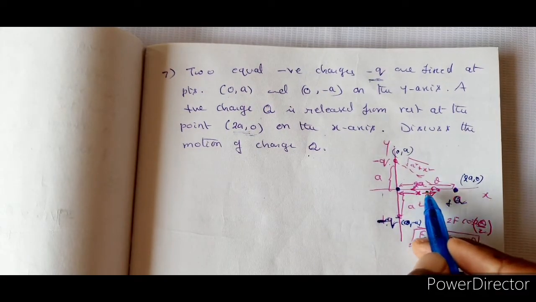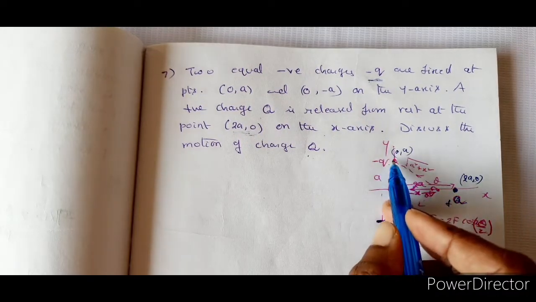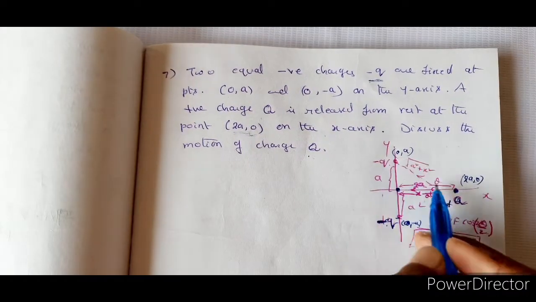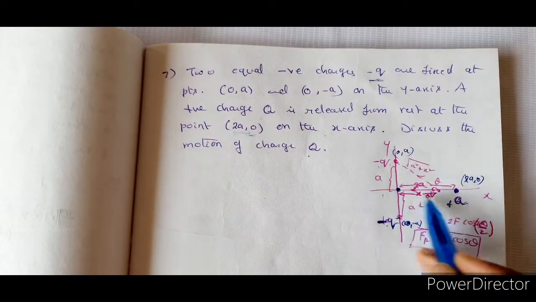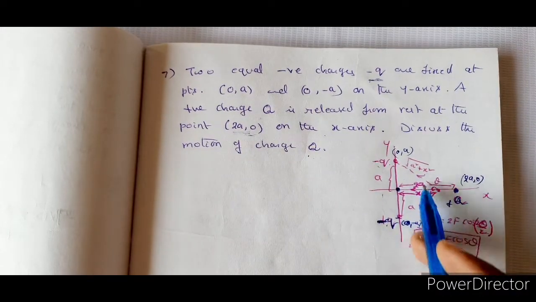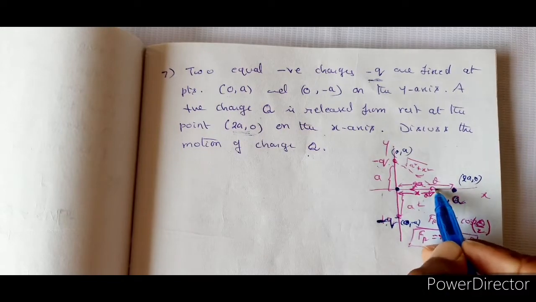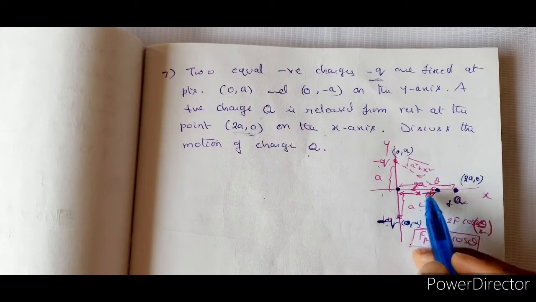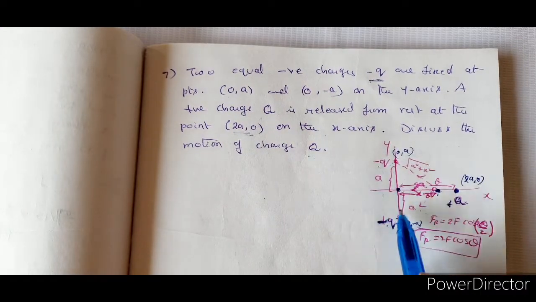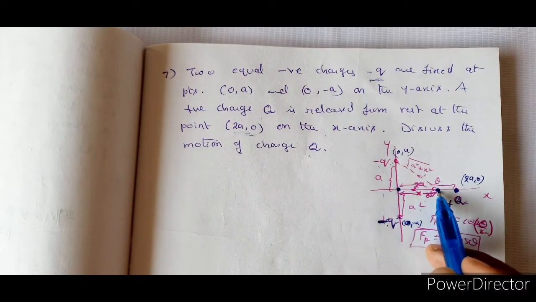Now there will be an attractive force from this charge, and here also an attractive force, because opposite charges are here. So 2 forces of equal magnitude. At any point on its journey, the distance of separation of this particular charge from either of the charges will be the same.